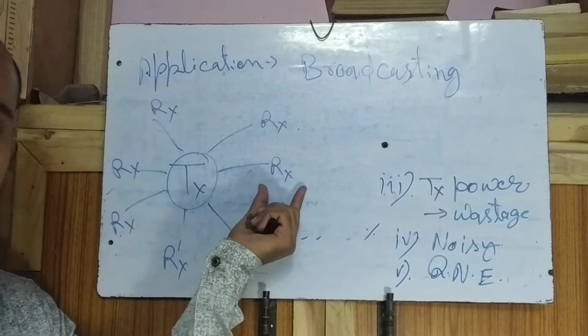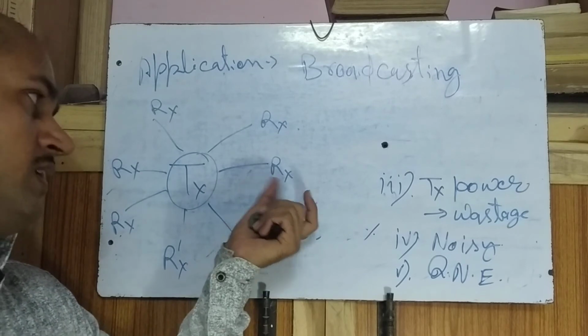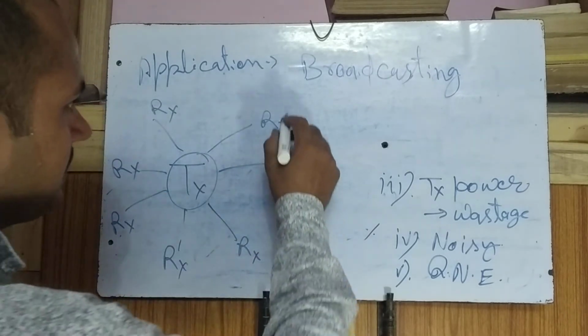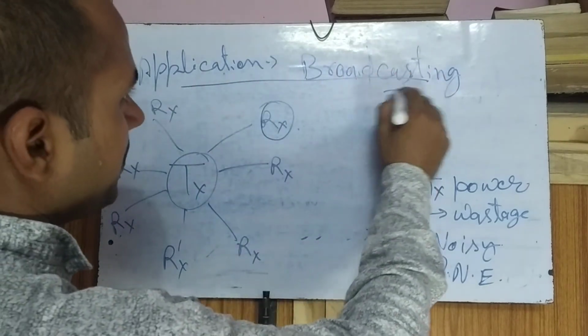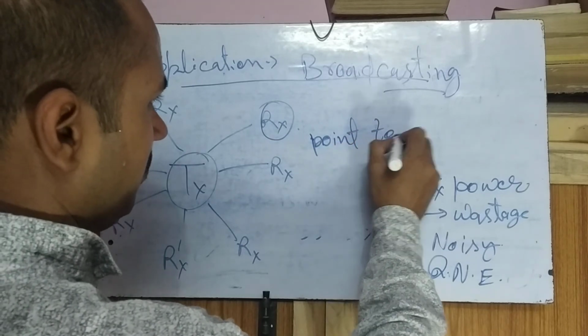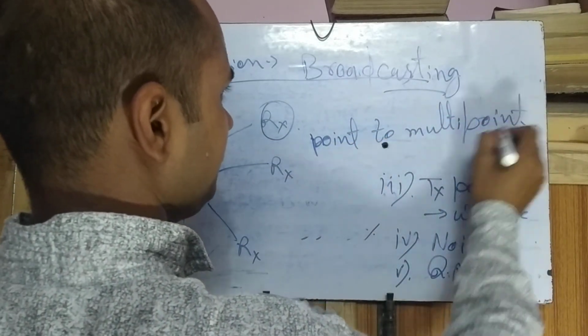So for common band, the receiver should be simple and cheaper? Yes, the AM receiver is simple and cheaper in the form of an envelope detector. So we use it in broadcasting, from point to multi-point communication.